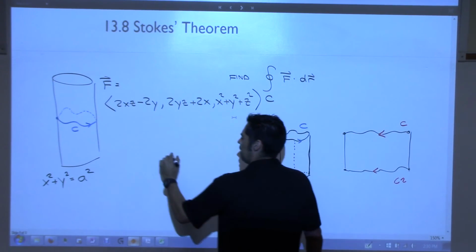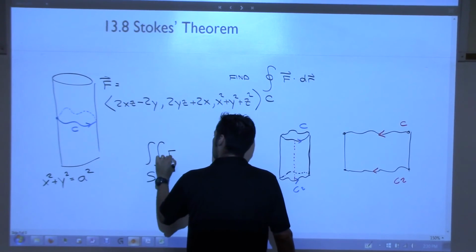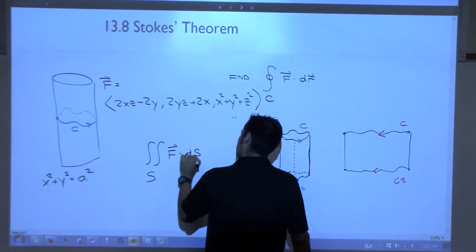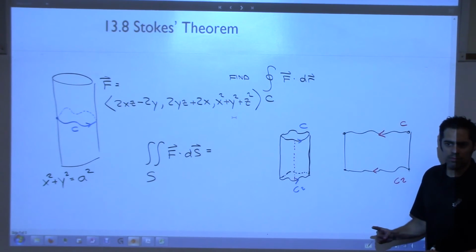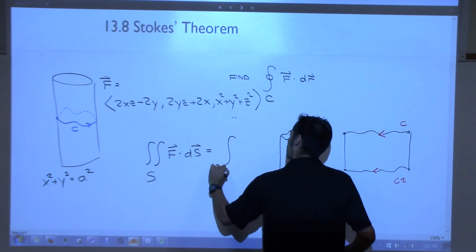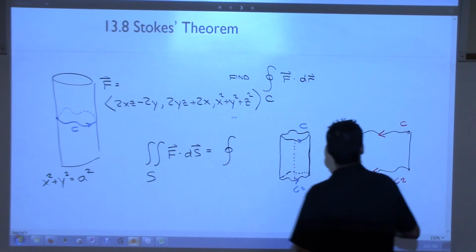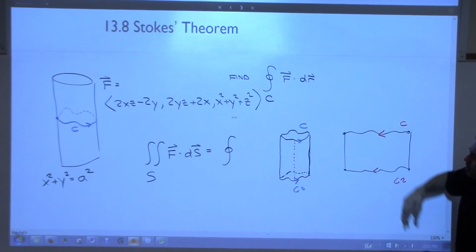Do you agree, according to Stokes' theorem, that the double integral over S of f dot dS should be equal to the two line integrals? One that would be the line integral, let's say C was okay, right? Orientation, right? Because the surface is to my left.